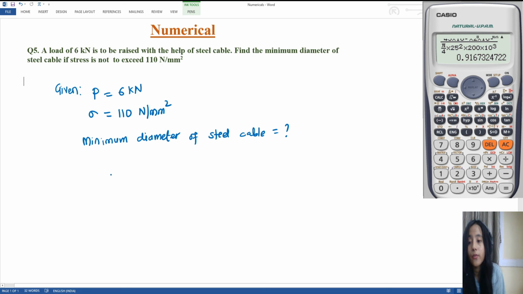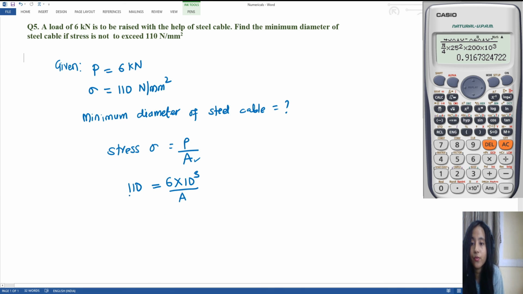From the relation stress sigma is equal to force by area, we will first find the area. The stress is given already as 110 and the force P is 6 kilonewton, so we convert this kilonewton into Newton: 6 into 10 raised to power 3 divided by area. If we cross multiply, area into 110 equals 6 into 10 raised to power 3.